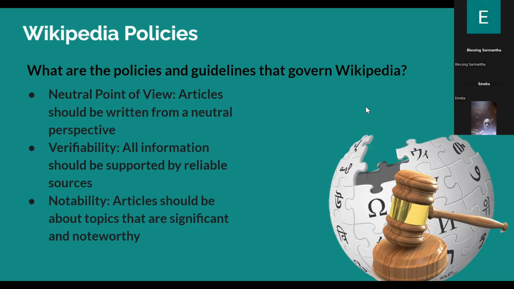Another example for this neutral point of view is the whole debate of Messi is better than Ronaldo, Ronaldo is better than Messi, blah blah blah. When you search for who is the greatest of all time on Wikipedia, Wikipedia doesn't select, it doesn't allow any greatest of all time.